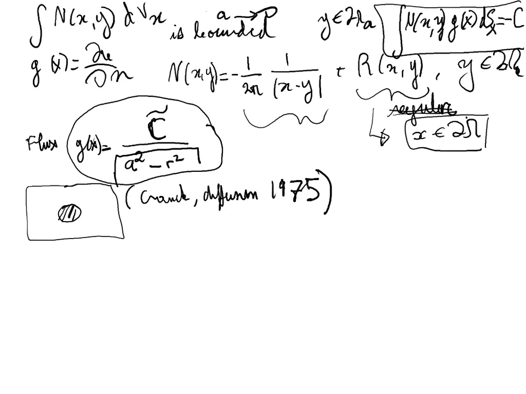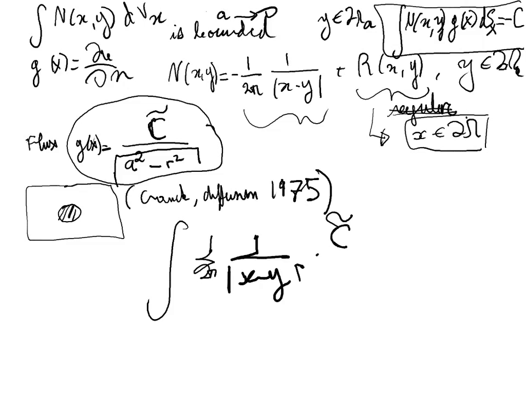For this, we need to calculate the integral of 1 over 2 pi of x minus y, multiplied by this constant c tilde divided by the square root of a square minus r square, and multiplied by the surface, which is simply 2 pi r dr. We integrate from 0 to a.